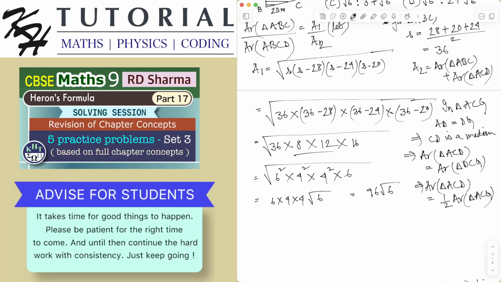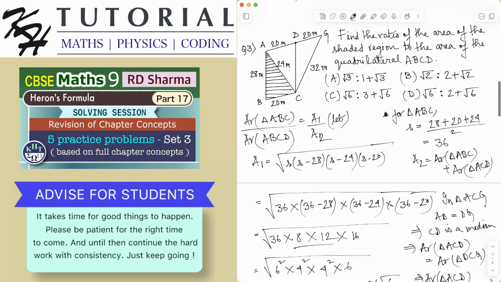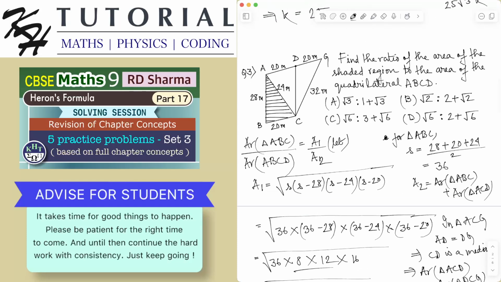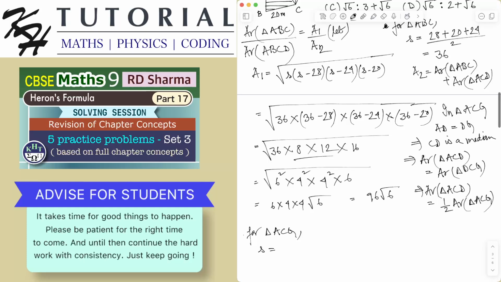So let's find the area of triangle ACG. For triangle ACG, what is the semi-perimeter? AG is 40 centimeter. So 40 plus 24 plus 32 whole divided by 2.